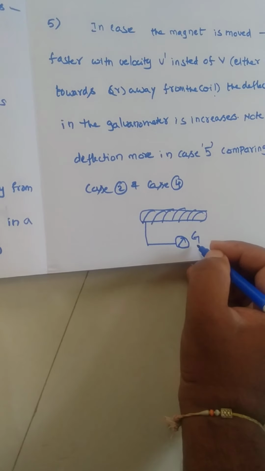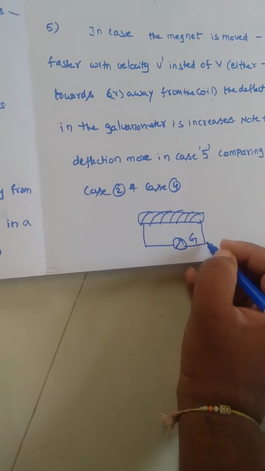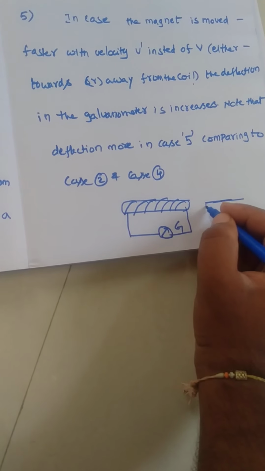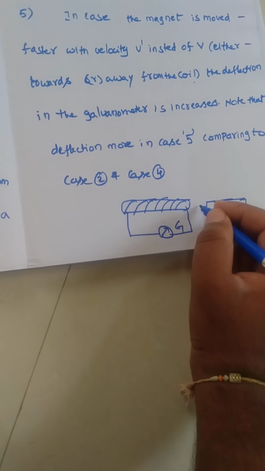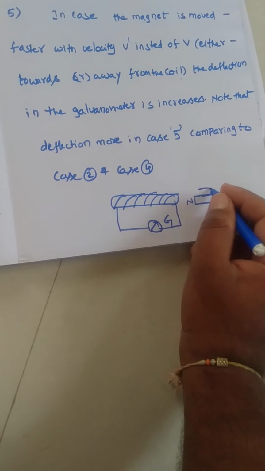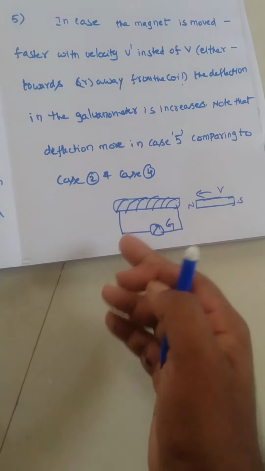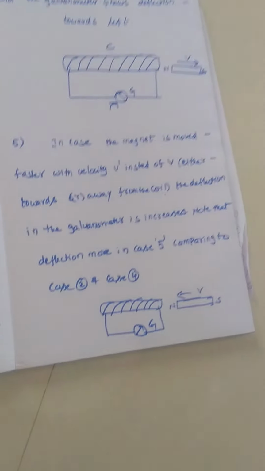See, it is a galvanometer connected here. It is a north, it is a south. If it is moving away from the coil, it shows deflection to the left, right?